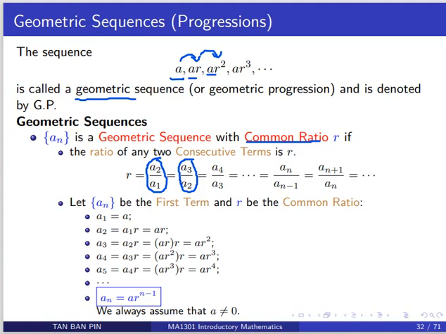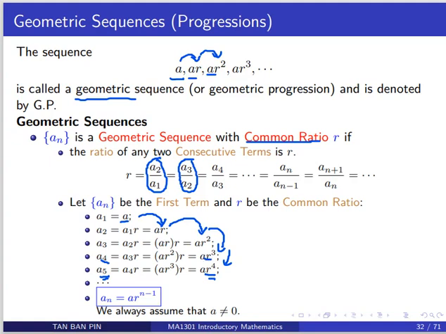If you start with first term A, you multiply by R to get the next term AR, then AR squared, AR cubed, and so on. To see that the general term An is A times R to the power n minus 1, you just need to take note that A5 has R to the power 4, and A4 has R to the power 3.